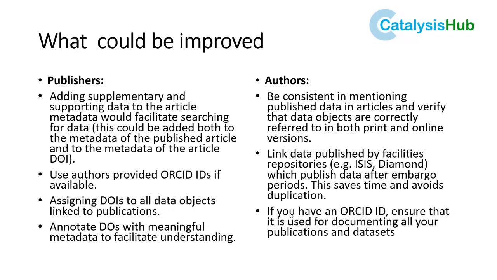For instance, adding supplementary and supporting data to the article, taking care that all your data is referenced, getting your ORCID ID so that your data can be unambiguously linked to you, adding DOIs as digital identifiers to all data objects if possible, and annotating the data objects with meaningful metadata, which is also something that Ian touched on by the end of his presentation.